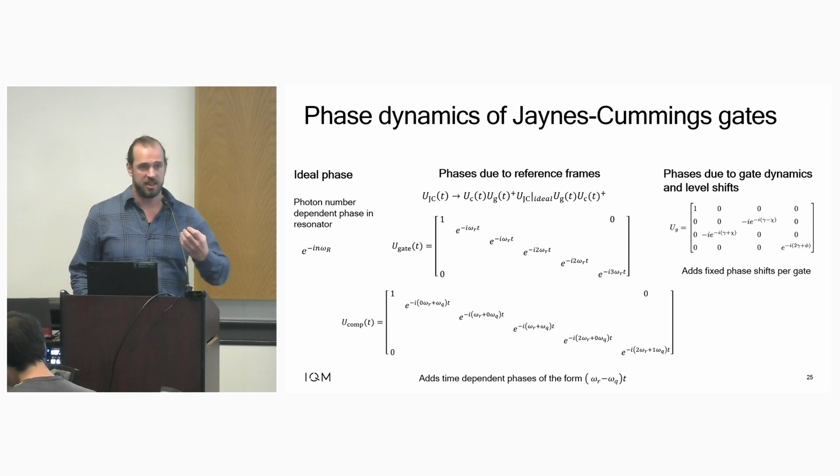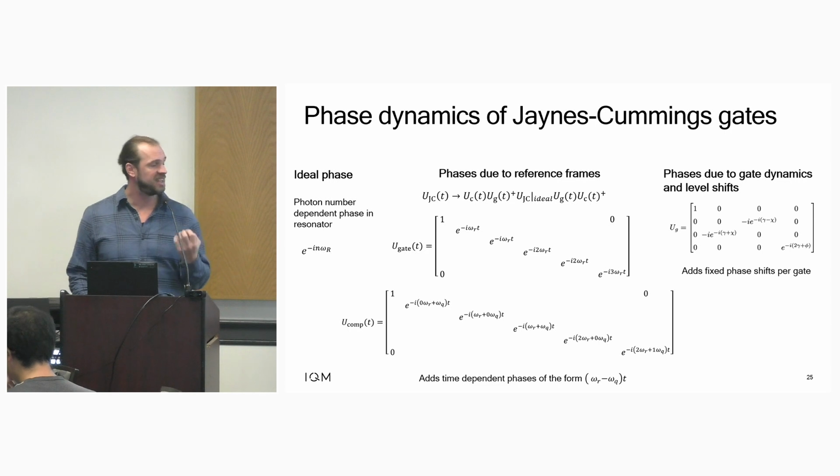In this frame, everything is rotating at the resonator's frequency. The effect of this change of frame results in acquiring phase with terms that come at the difference frequency and grow with time. So we have time-dependent phase shifts due to this change of reference frame.